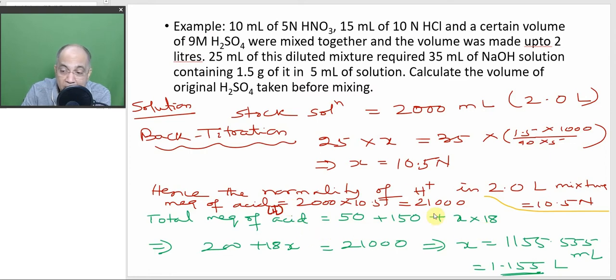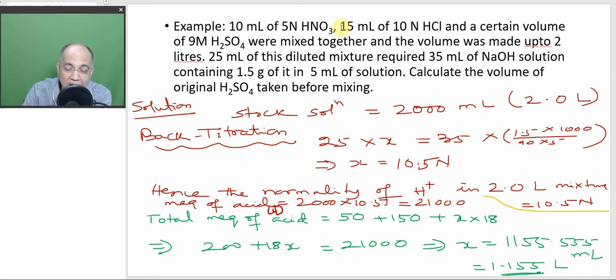And we already have got from the titration experiment 21,000 as the number of milliequivalents of H plus present in the stock solution, 2000. So if you equate this, one data from the individual acids where unknown X is there and the other from the titration, then you are getting X is equal to 1155.555 milliliters, so 1.155 liters.